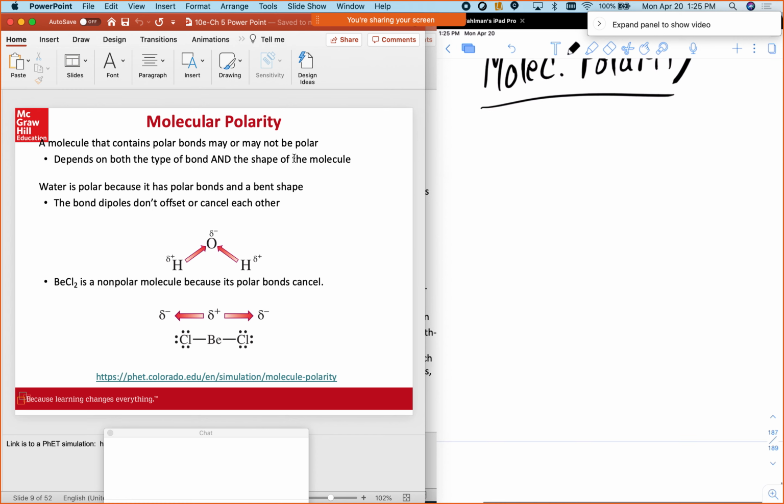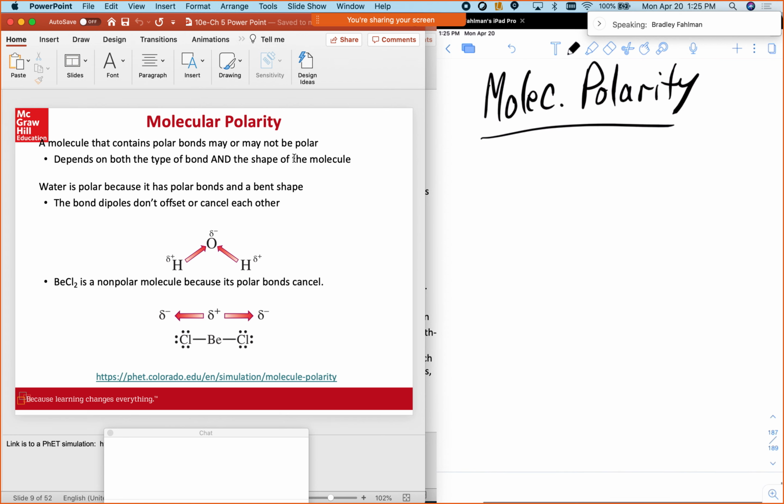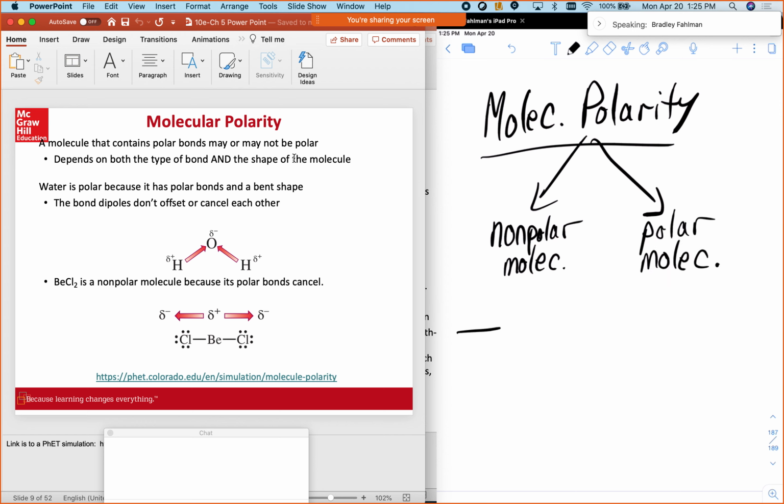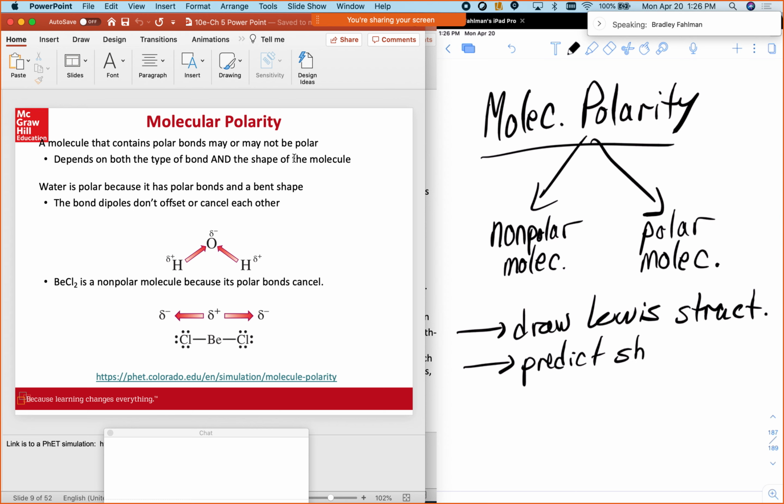Here's the way to do it. To determine whether something is a nonpolar or polar molecule, you first have to draw its Lewis structure, always fun, and predict its shape with VSEPR.